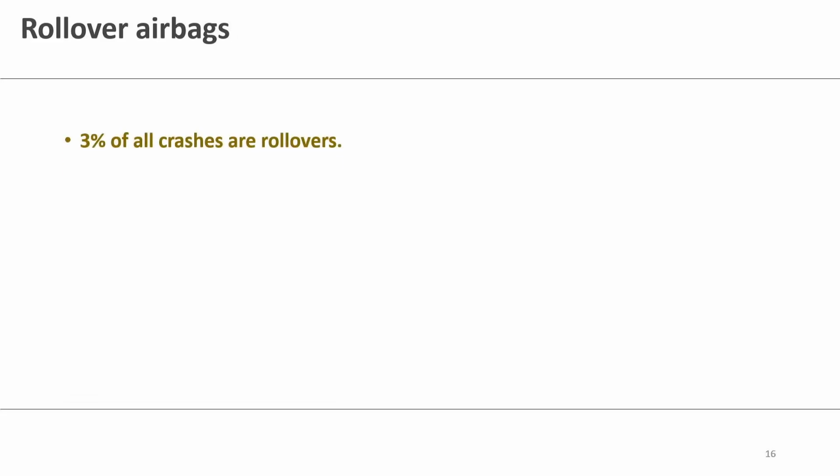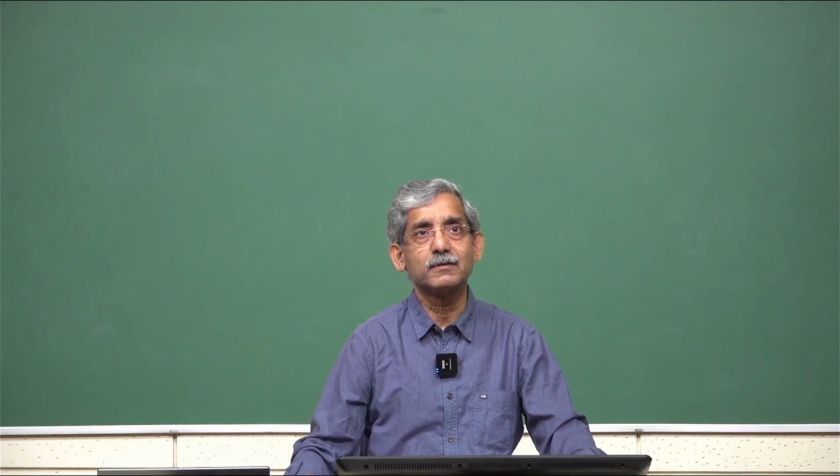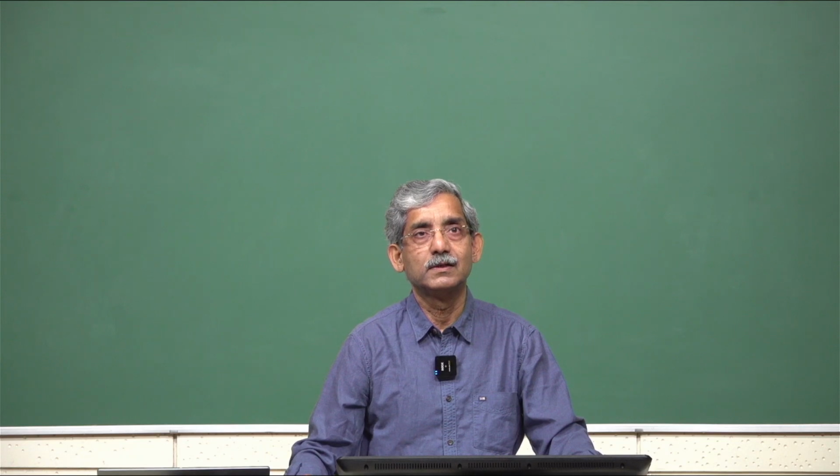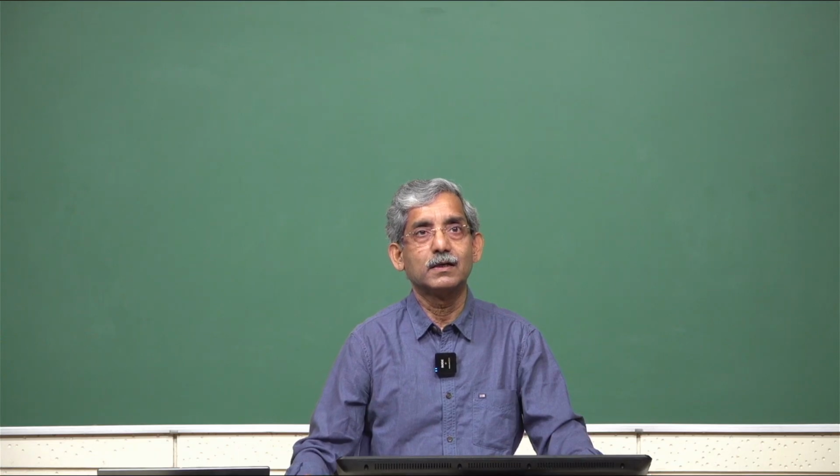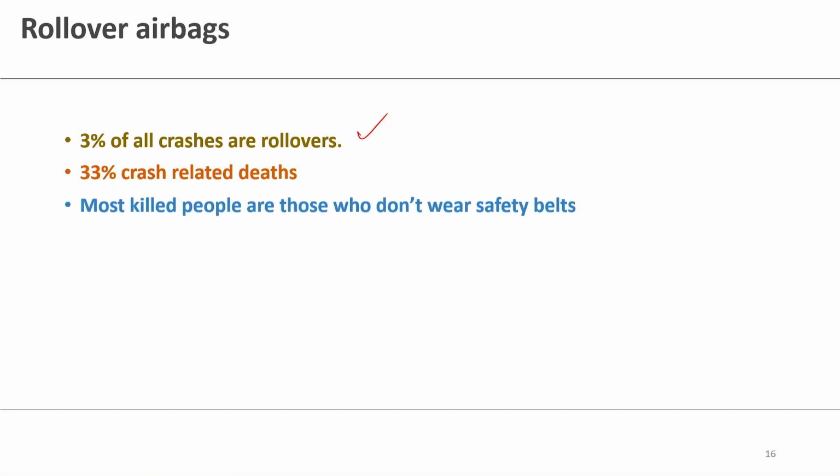Rollover airbags: 3% of all crashes are rollovers. When the automobile moves at very high speed, there are chances of rollovers. 33% of crash related deaths are due to rollovers. Most people killed are those who do not wear the safety belt.